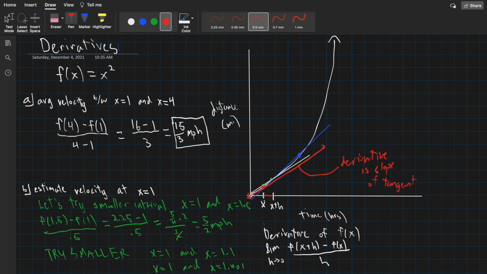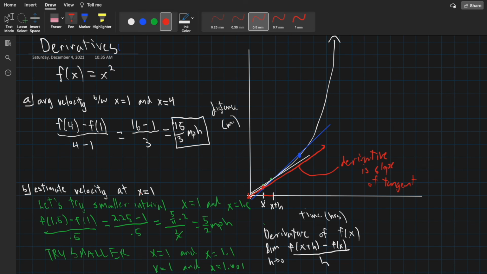So to recap what we went over today, we explored this idea of an average rate of change. And now we're using that idea to estimate what our speedometer is actually going to be saying at x equals 1. So we want to figure out our instantaneous velocity.